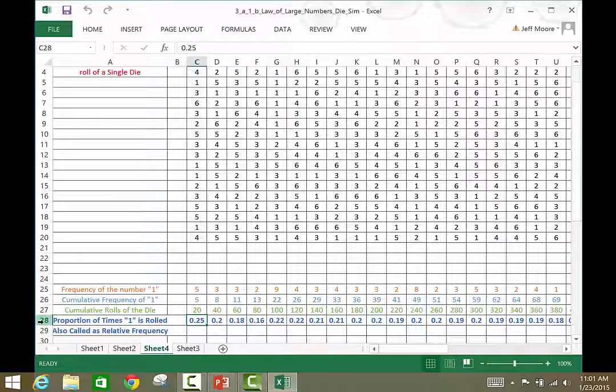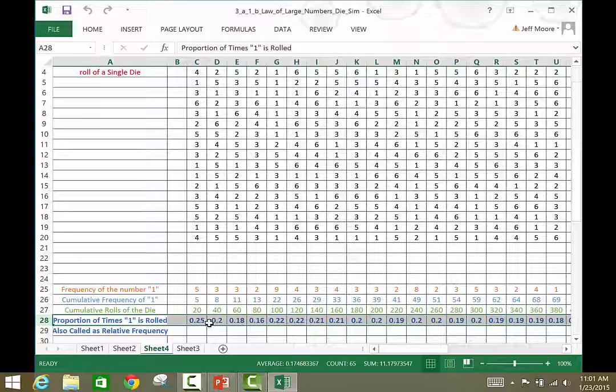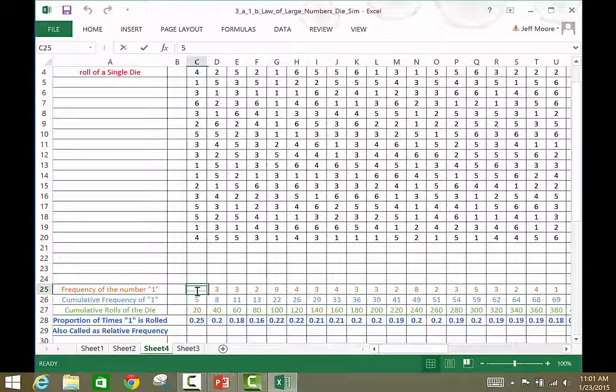So then this row gives us the cumulative relative frequency for the number of times that 1 is rolled. So in the first 20 rolls, we had the number 1 come up 5 times. 5 out of 20 is 0.25. Then in the next 20 rolls, it came up 3 times, for a total of 8 out of 40, which is 0.2.